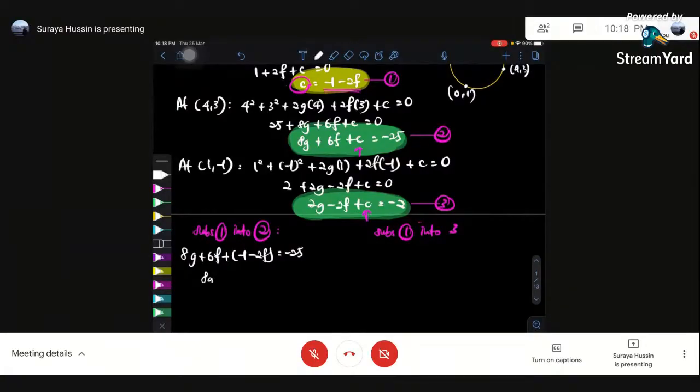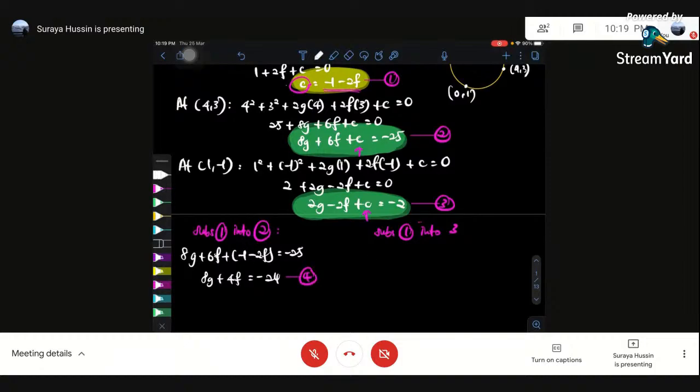And so you will get 8g plus 4f equals negative 24. So this will be your third equation. Is it third? No, of course not third. It's the fourth equation. Sorry.